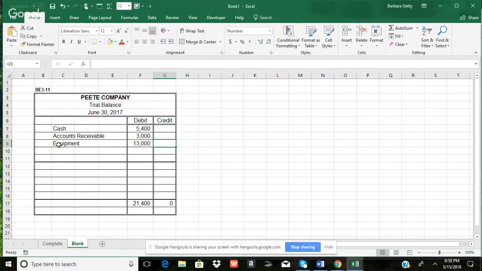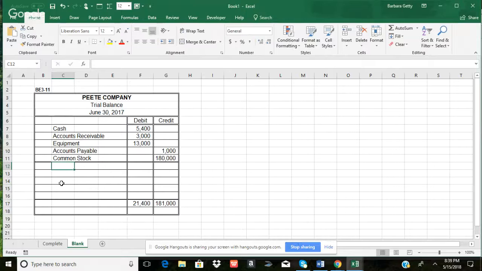Okay, so then I start looking at the credit ones. The first credit one was accounts payable, and that one was $1,000. The next one was common stock, and that one was 18,000.